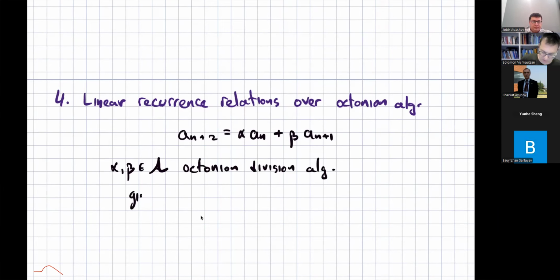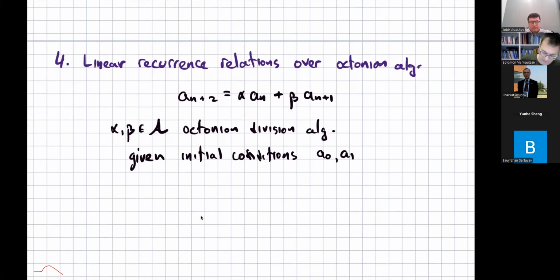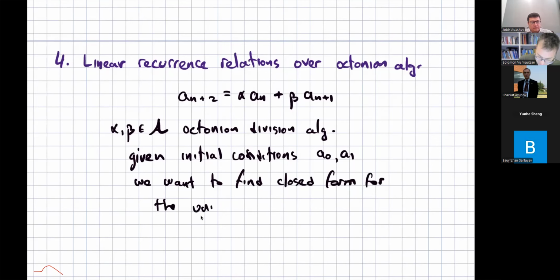So given initial conditions A0 and A1 in the sequence, then obviously there exists a unique sequence, An, solving this relation. The problem is finding the closed form for this sequence, for the unique solution.